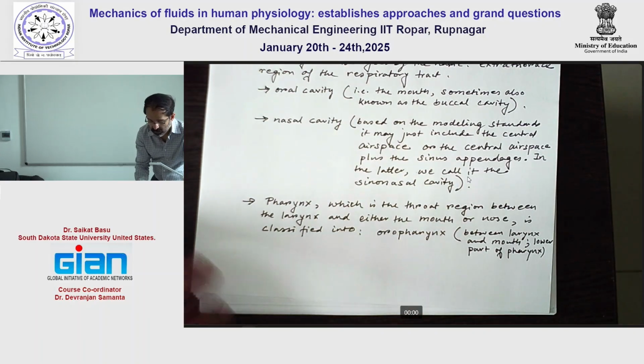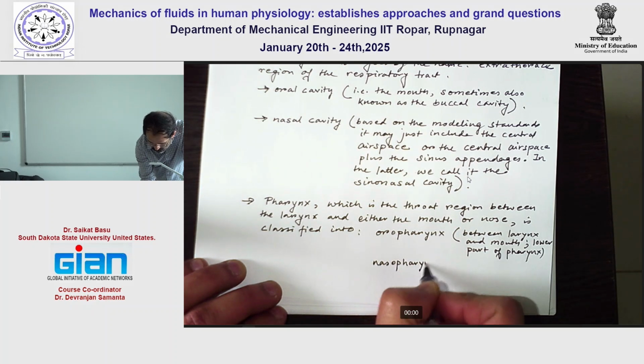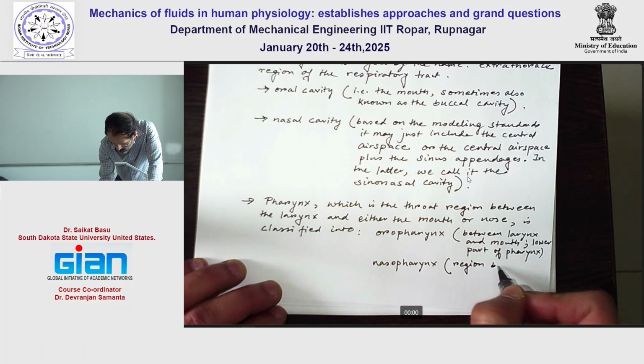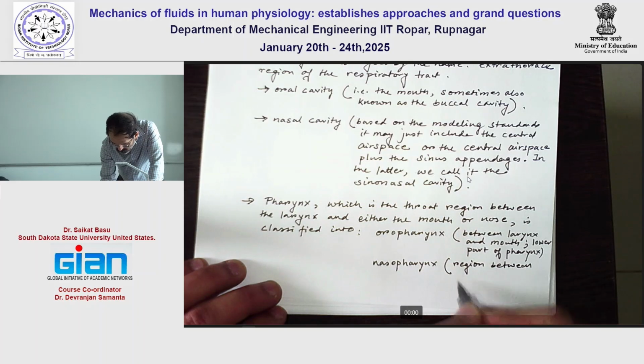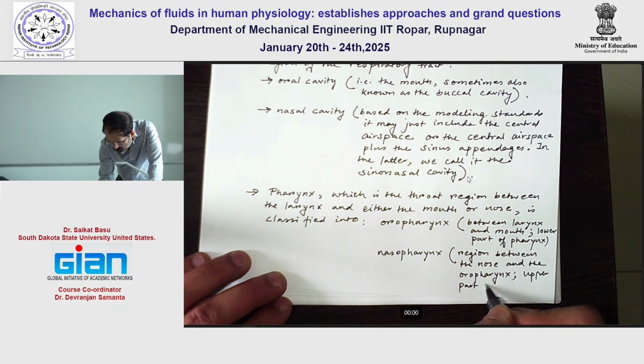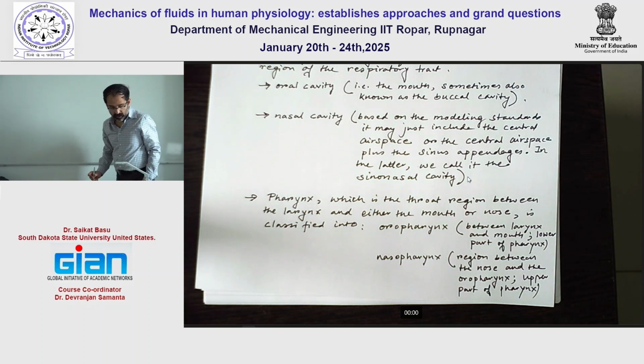And the upper part is the nasopharynx, which is the region between the nose and the oropharynx. So this is the upper part of the pharynx. So that's the pharynx.